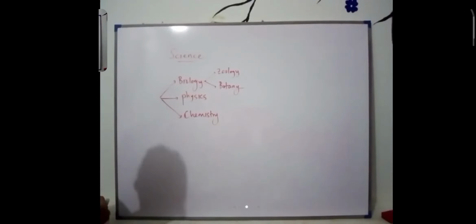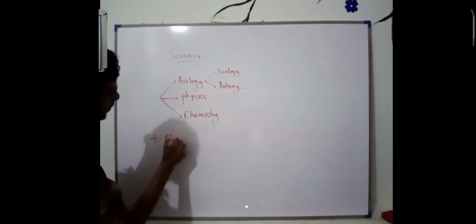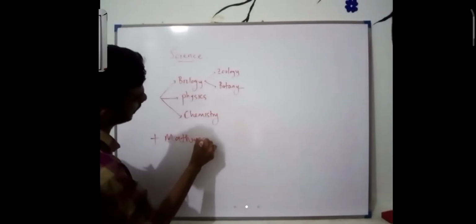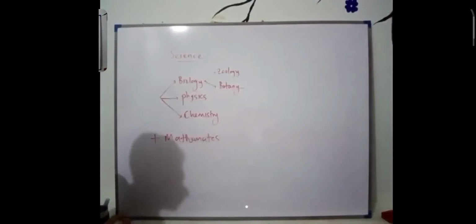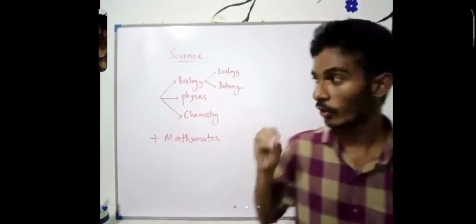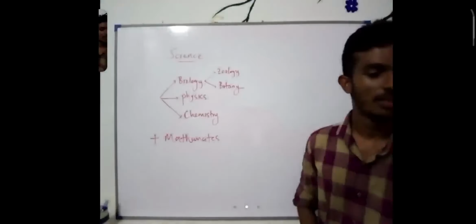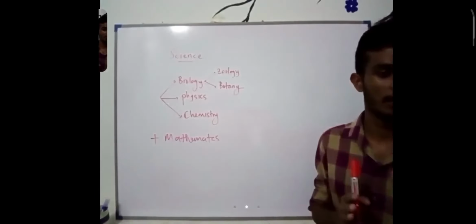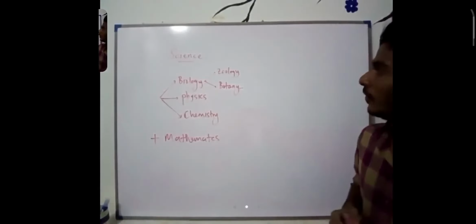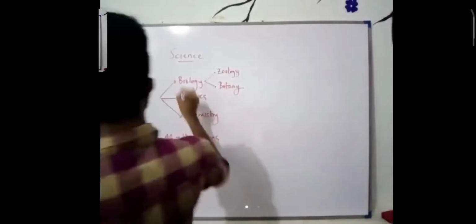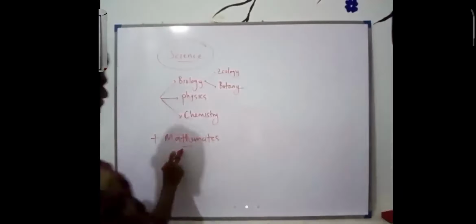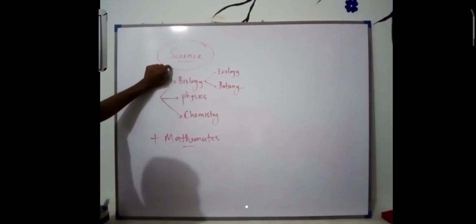Along with that, mathematics. Mathematics knowledge is also very important to study biological science in order to achieve your ambition. Okay? So you have to fix that in your mind. Now tell me, mathematics is also a science, right? So mathematics also comes under science.